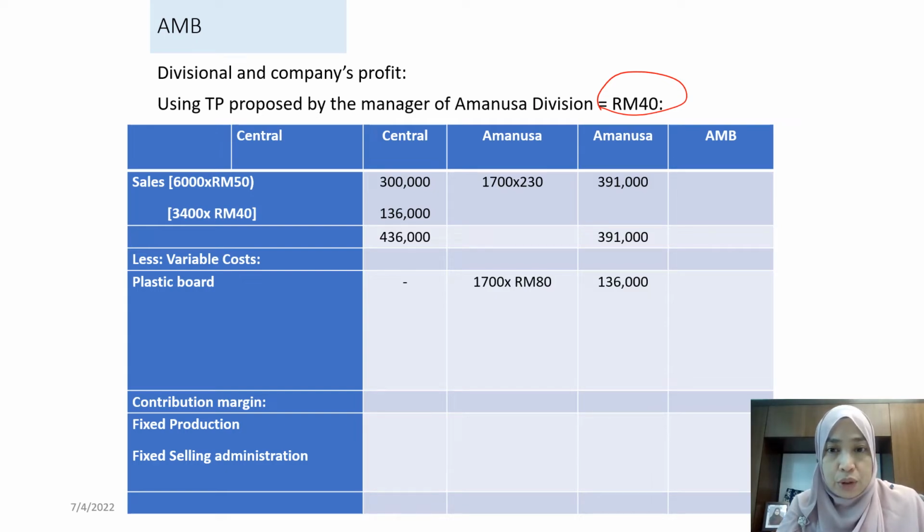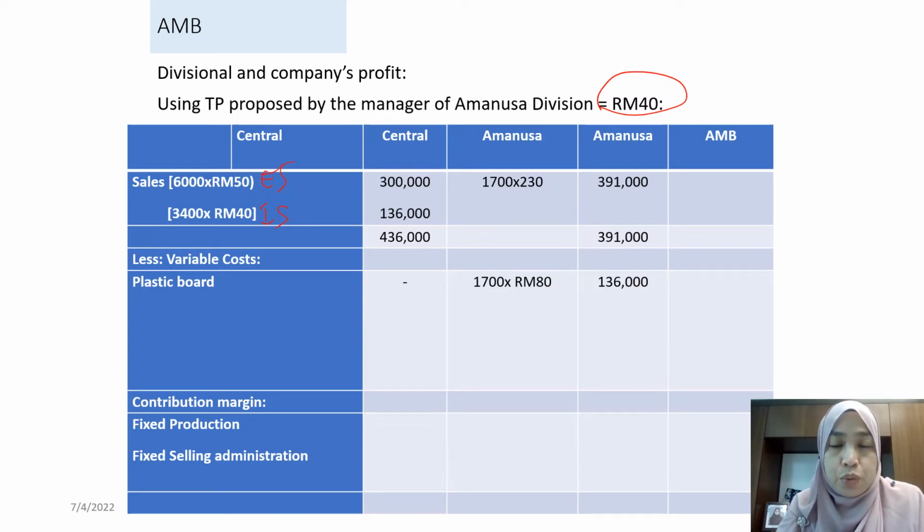To answer the first requirement, you calculate sales revenue. This is your external sales, and this is your internal sales. You sell to the external market 6,000 pieces at 50 ringgit each, and then you transfer to Amanusa division 3,400.